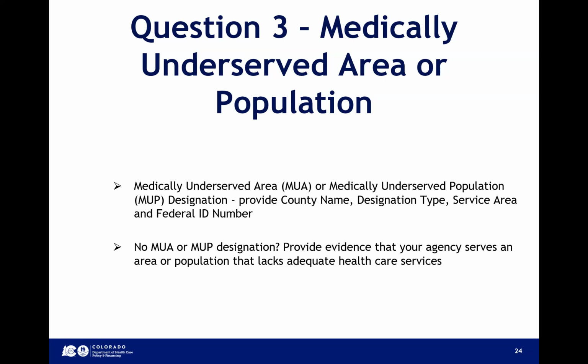If your agency provides services in an area that does not have an MUA or MUP designation, then you will provide evidence and cite sources that demonstrate that your agency serves an area or population that lacks adequate healthcare services for low-income uninsured persons.